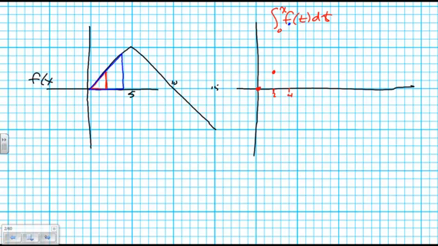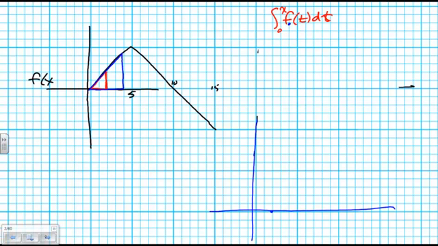Boy, I wish I would have put the graph further down. In fact, I'm going to have to do that because this is going to go even higher. Hold on. Let me put this curve all the way down there.